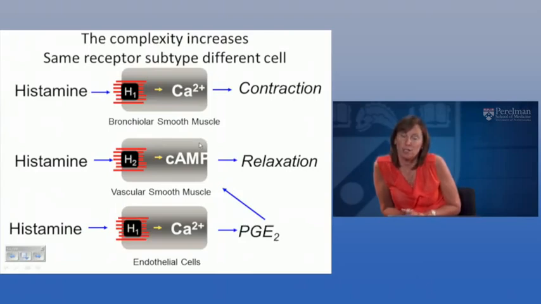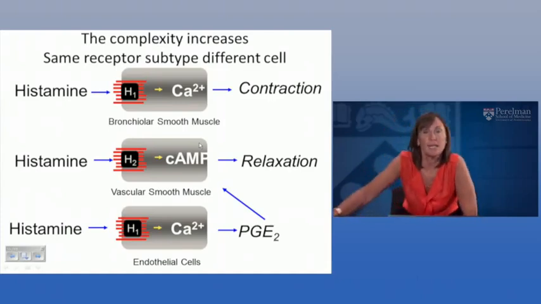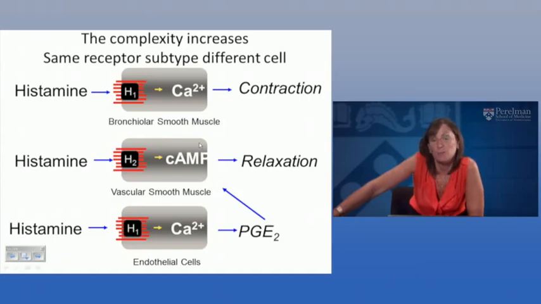In this situation, histamine activating the H1 receptor causes an increase in cyclic AMP, but the ultimate pharmacodynamic response is an increase in prostaglandin E2, this autocoid that I referred to previously. Prostaglandin E2 binds to a receptor on vascular smooth muscle cells to amplify the cyclic AMP response seen in response to histamine binding to the H2 receptor.